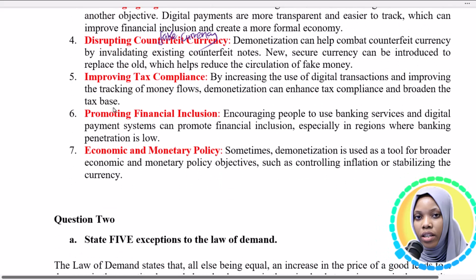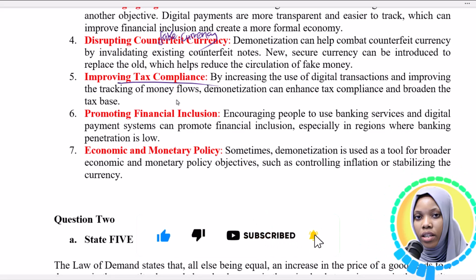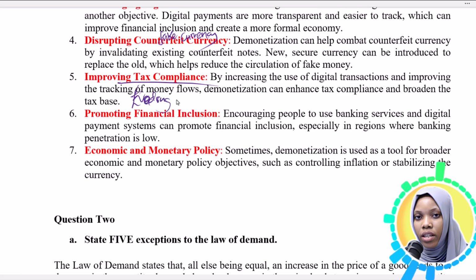Or maybe it was due to point number 5, that is, improving tax compliance. Maybe Kenyans were not compliant with taxes, they were not paying taxes, they were evading taxes. And that's why the government decided to demonetize its money.